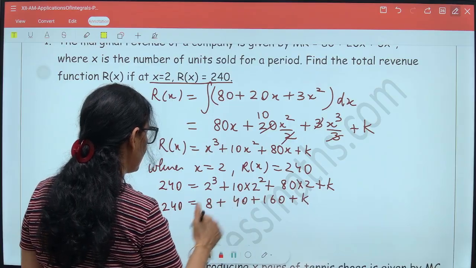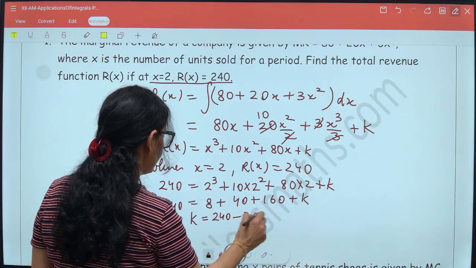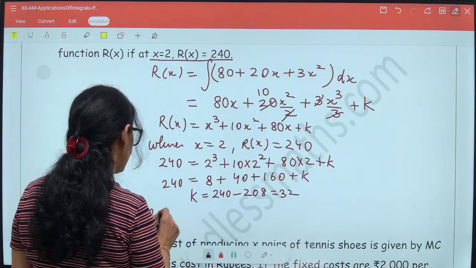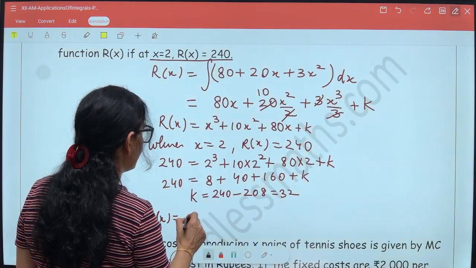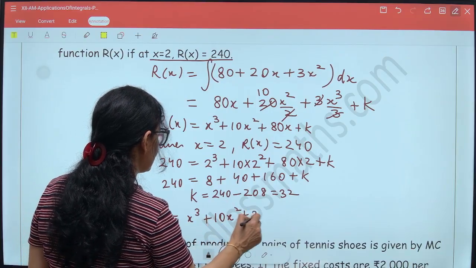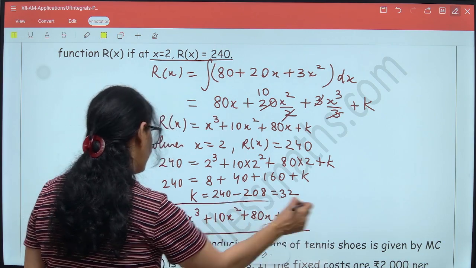So this becomes 208. That means k is 240 minus 208, and that comes out to be 32. So that means the total revenue function is given by x³ + 10x² + 80x + 32. So this is my final answer.